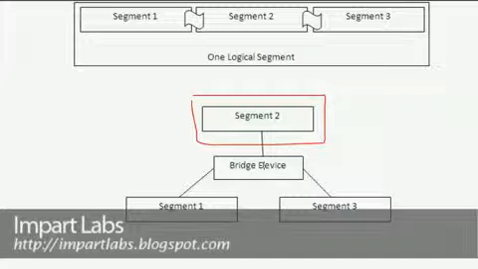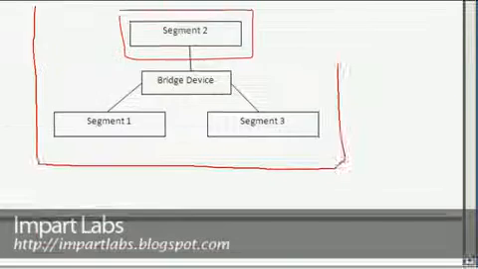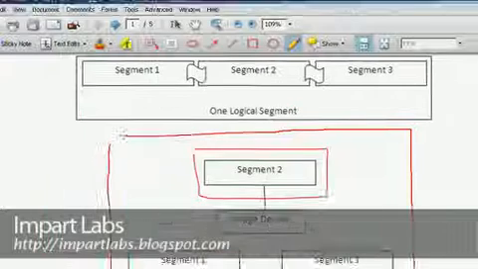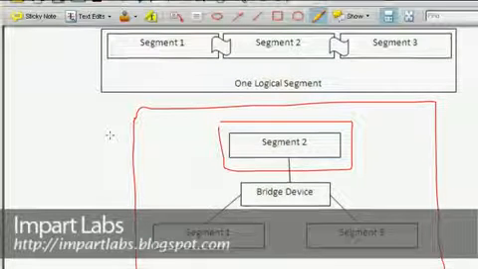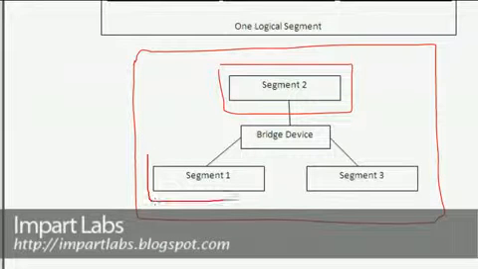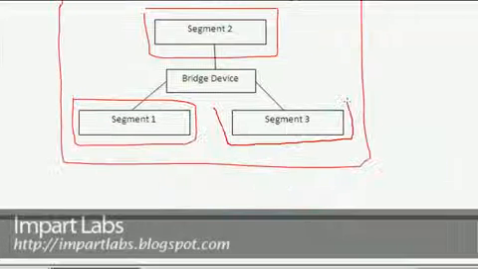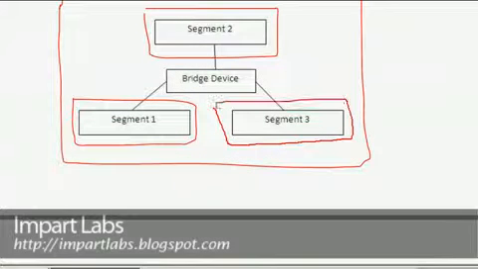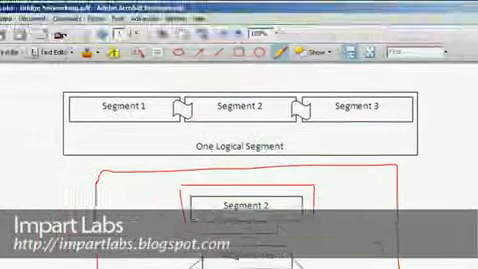Again, to the bridge it would be a big logical network, for those who understand, a big broadcast domain, but the traffic stays and remains in each of these segments as well. So either we connect all of our segments to one bridge device, or we connect them one by one to each other, like this.